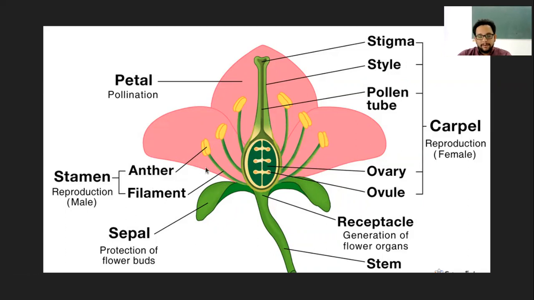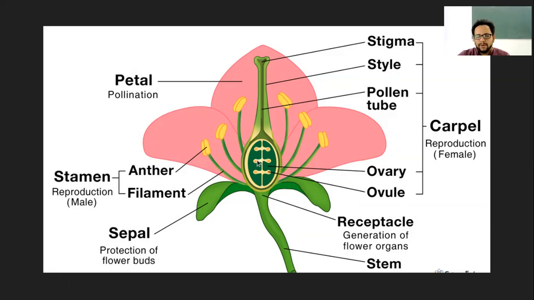One important fact here is that even the length of the filament can vary in different flowers, and where they originate from will also vary. What we need to know as of now is that the stamen is the male reproductive structure, consisting of a filament, which is a thread-like structure, and an anther, which is bilobed, present on the top of the filament.